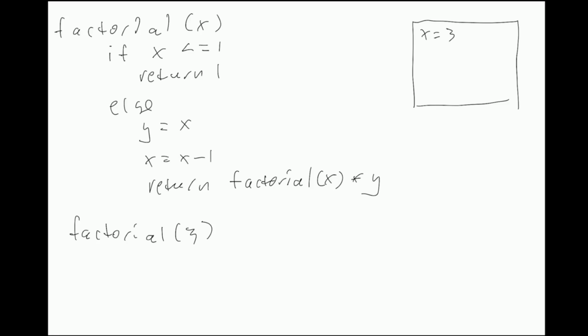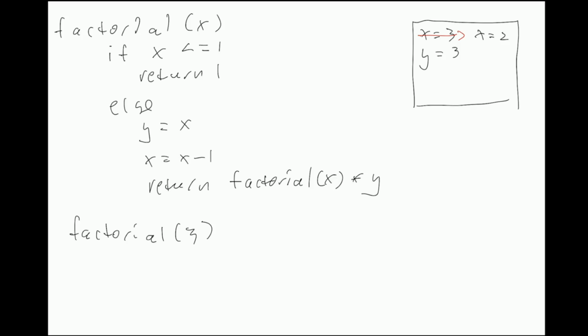So we have factorial of 3. It's not less than 1, so we go here and we save this local value of y on our stack. And so y becomes 3. And then we mutate x, and x gets updated to 2. And then we call factorial of x.